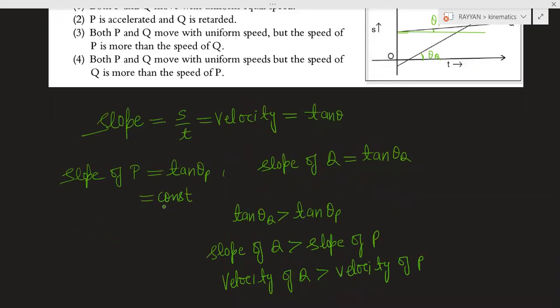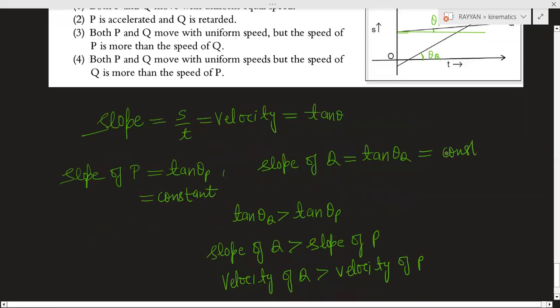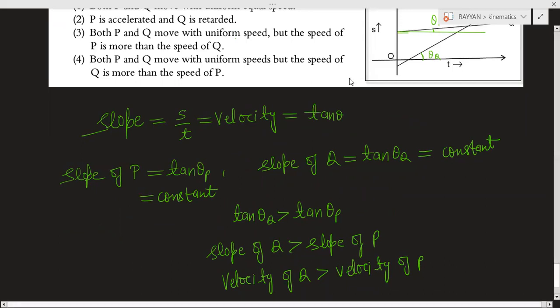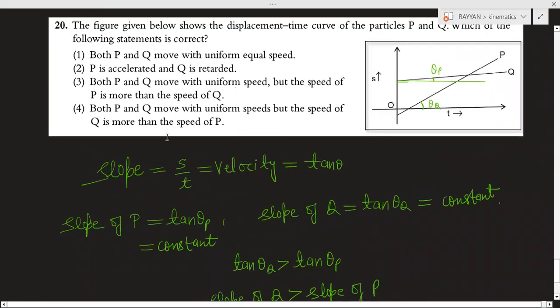Slope constant means velocity is constant. I told you that in case of the straight line graph, the slope remains constant, or the velocity remains constant in the displacement time graph.